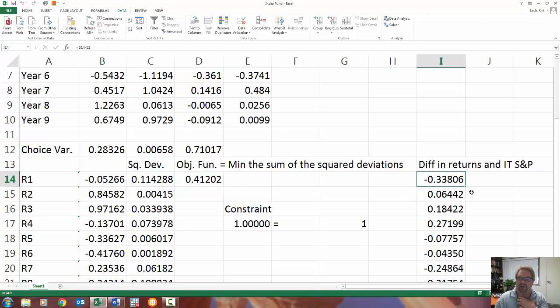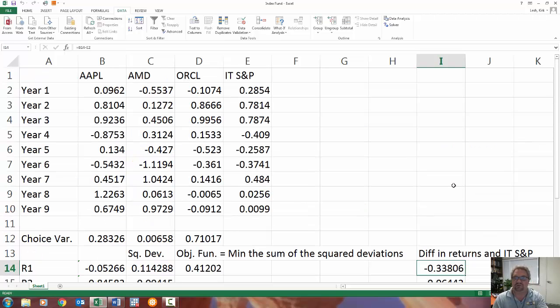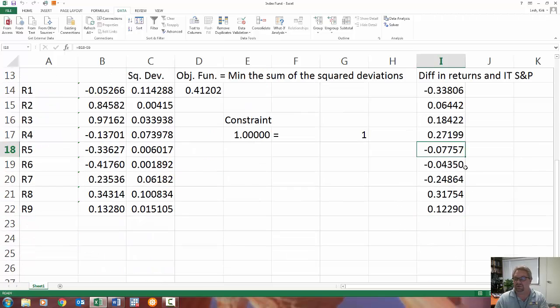But most importantly, our expected returns are going to be really close to the real returns. Now, some of them are a little bit off. I confess, year one, not good. But here we're pretty close. Not good. Not good. Here, we're close. Here we're close. Here, not so good. But we are minimizing the sum of the squared deviations. And that's why I like looking at this, right?